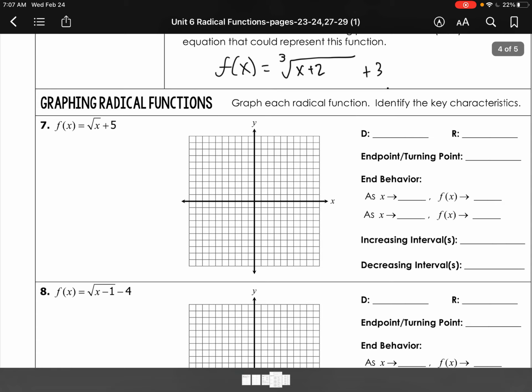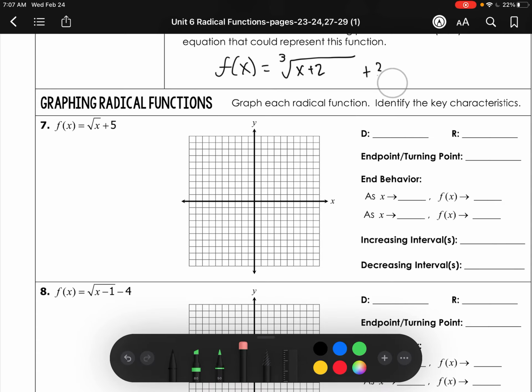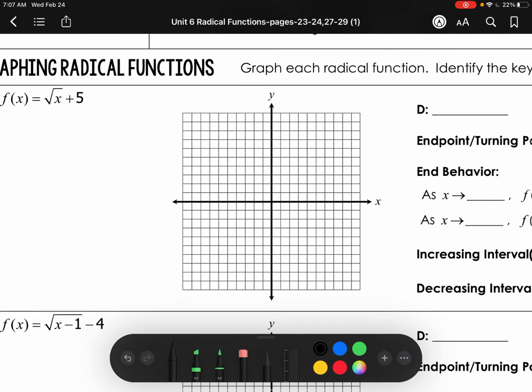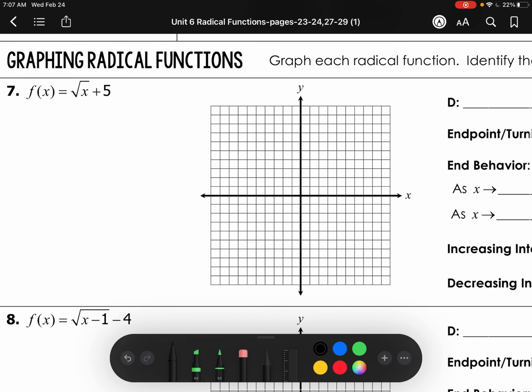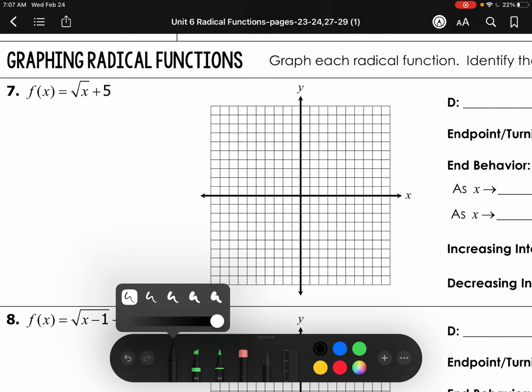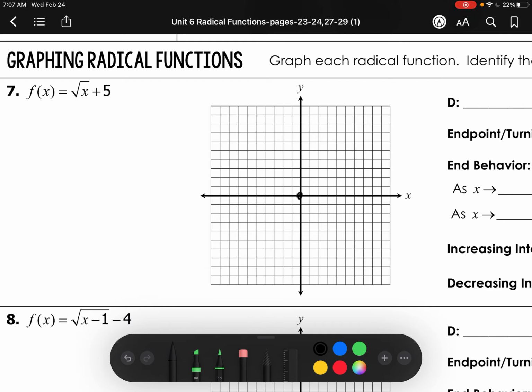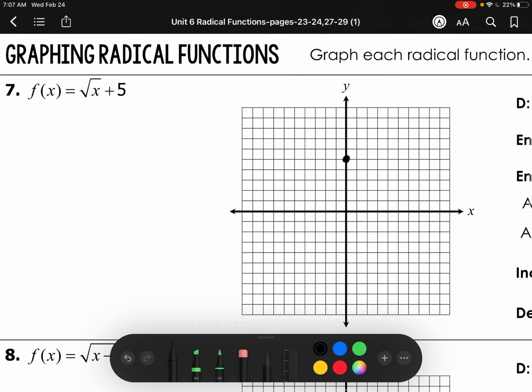So this is the same thing except that it is shifting up 5 units, right? So in the parent function, our starting point would be right here, right? But it's shifting up 5 units, so it's 1, 2, 3, 4, 5. So this time our starting point is right here, right?